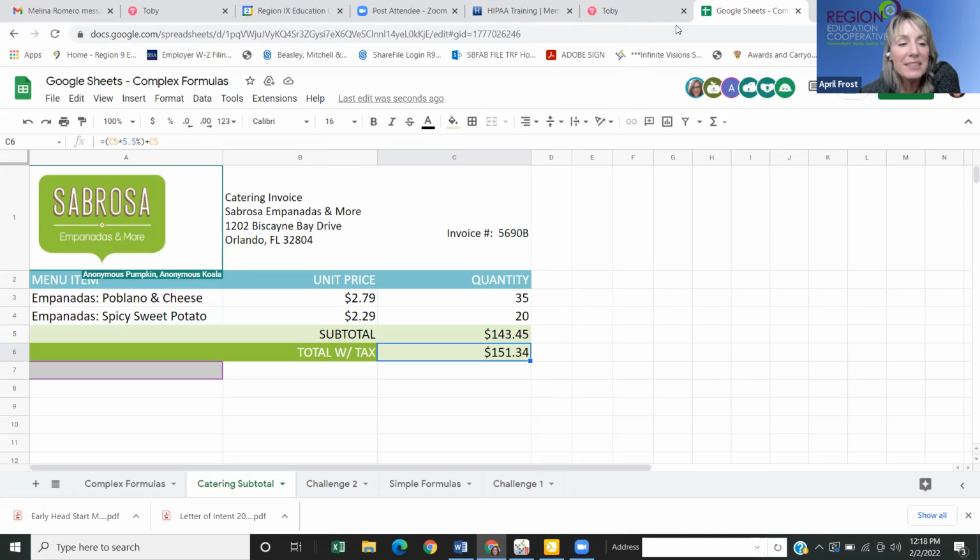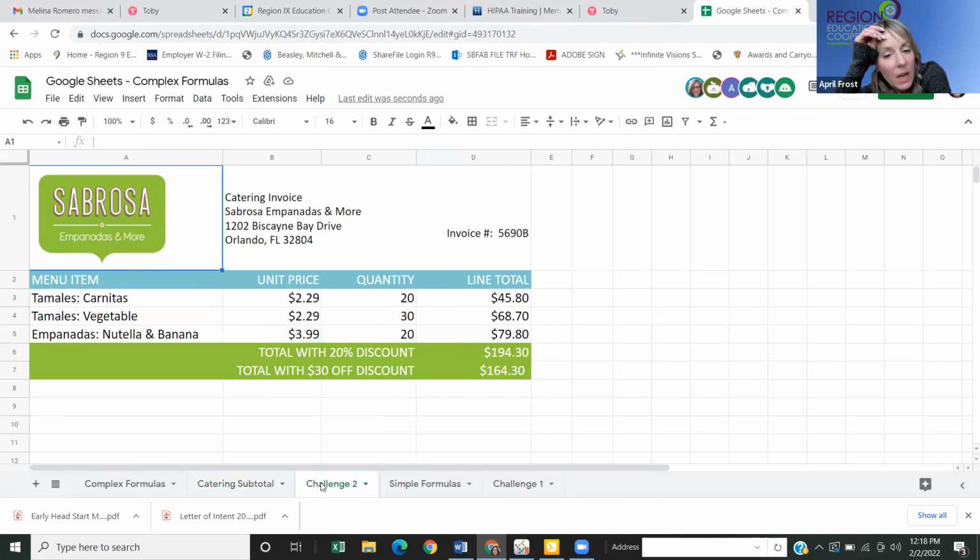Okay. So let's move on to the next one. Carmen, while you're in here, just go to that challenge tab if you can. Yeah, challenge 2. All right. So final challenge for the day is how do the last bottom two things, how do I create a discount with a total with 20%?